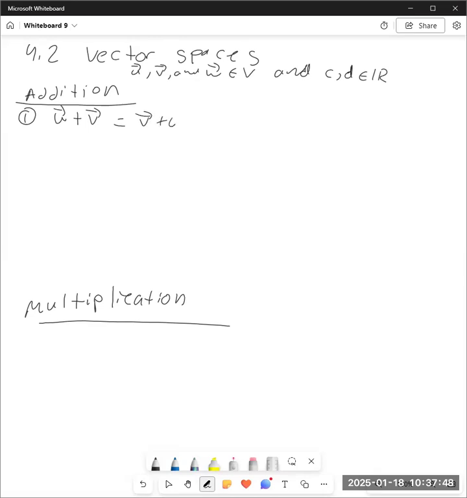So that's the commutative property of vector addition. Two is the associative property of vector addition.